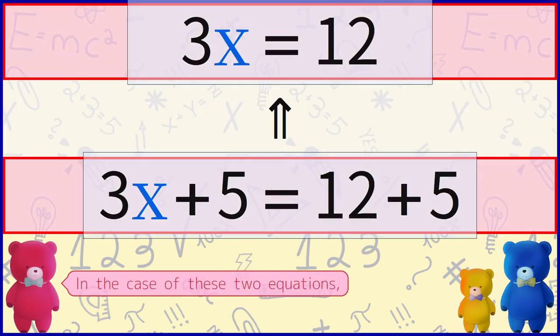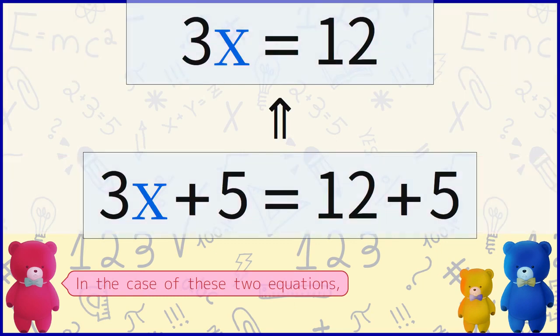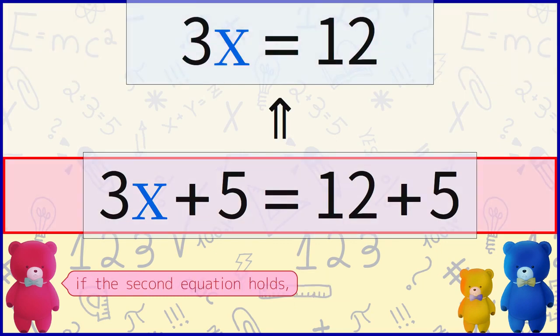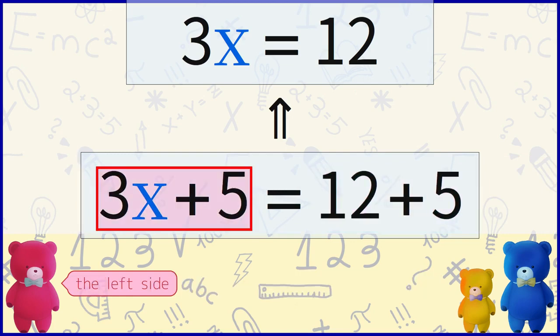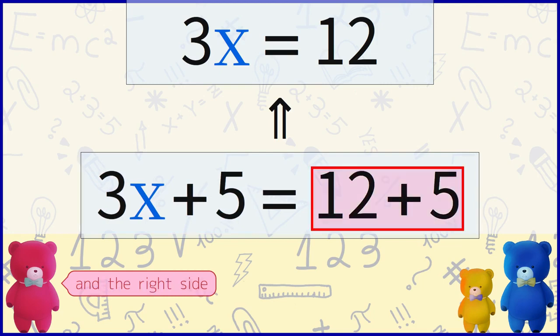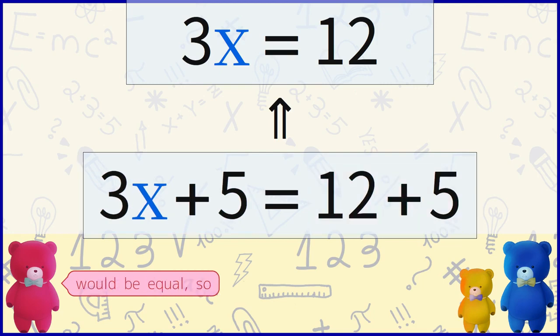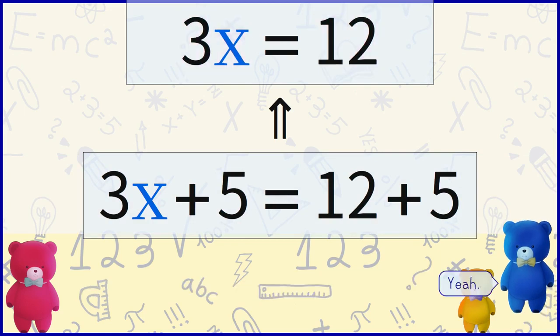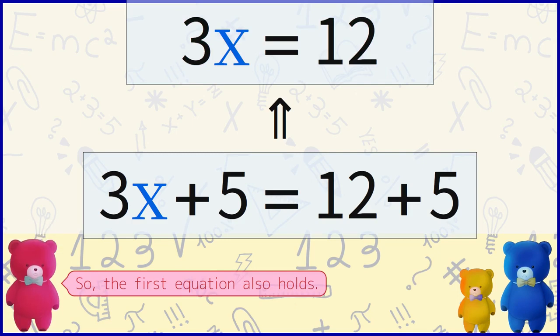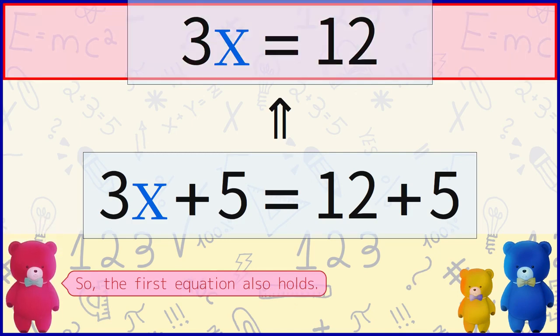In the case of these two equations, if the second equation holds, in the situation where 5 is added to both sides, the left side and the right side would be equal, so they should be equal even without adding it, right? So the first equation also holds.